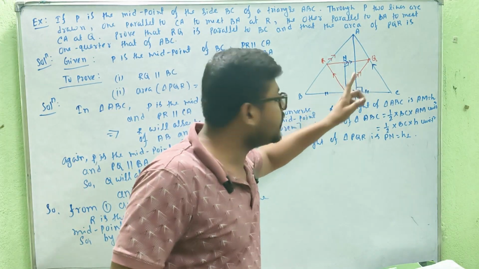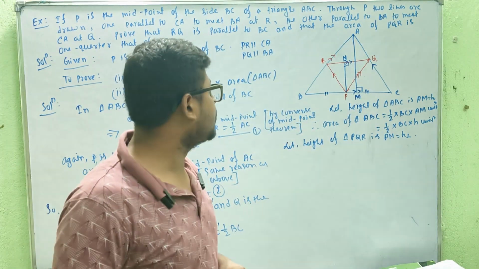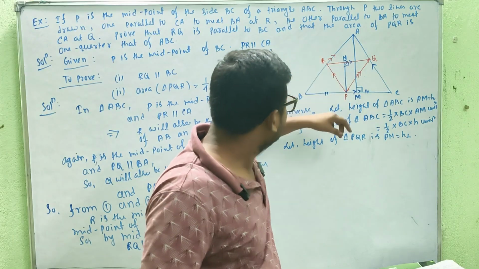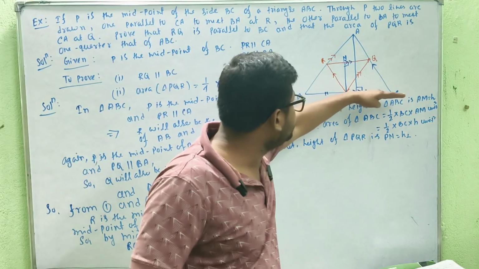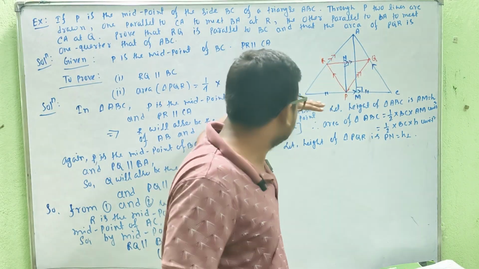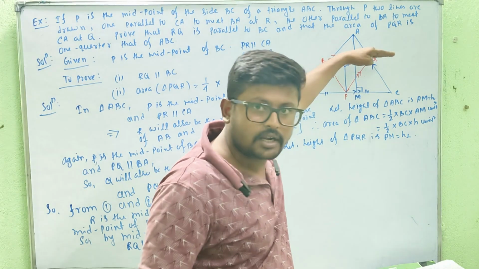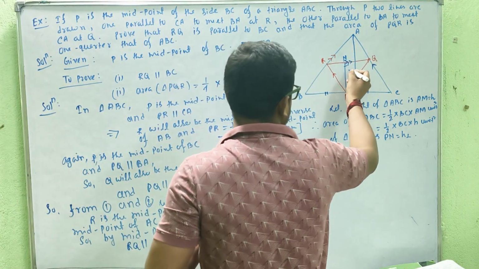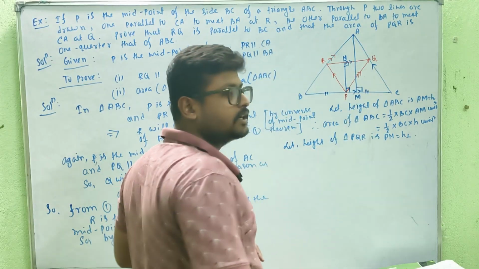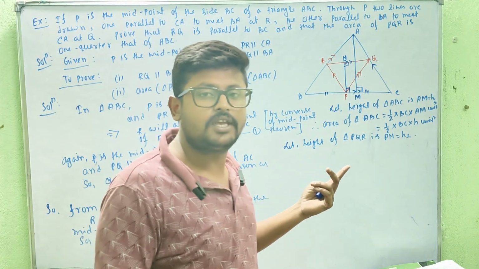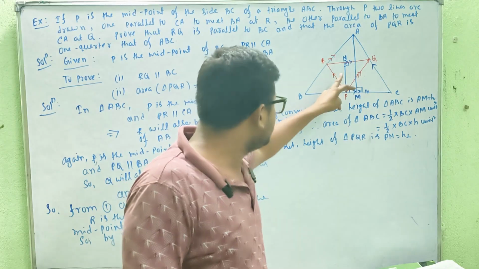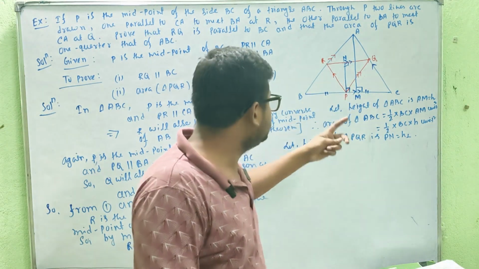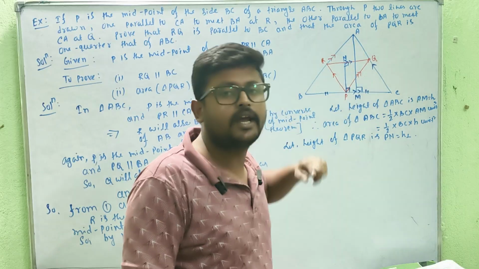Clearly, these two lines are parallel. Why are these two lines parallel? Since the line BC and the line RQ are parallel, this is a transversal, and we know that co-interior angles are supplementary. So if this angle is 90 degrees, this angle is also 90 degrees. And we see that this angle and this angle both are 90 degrees.